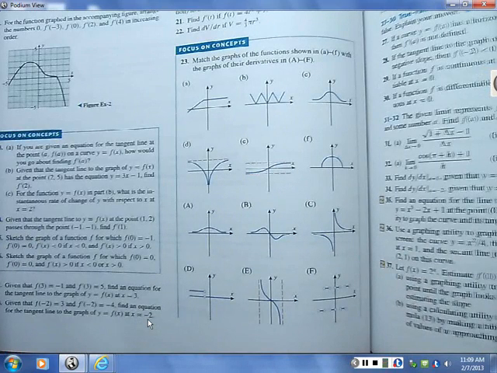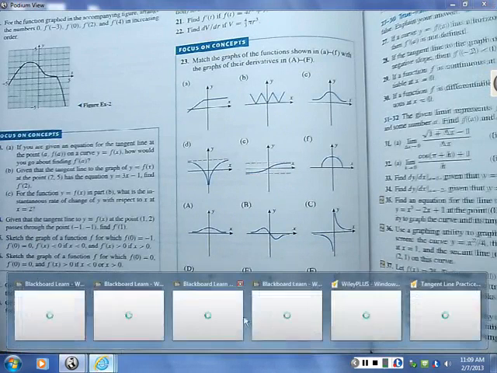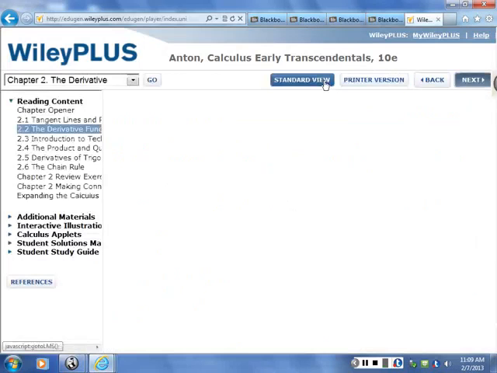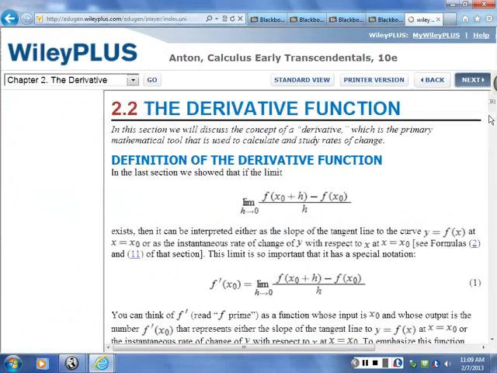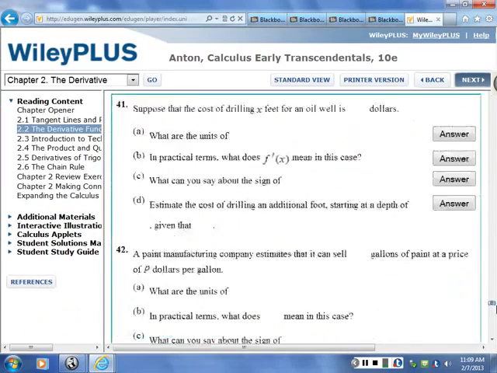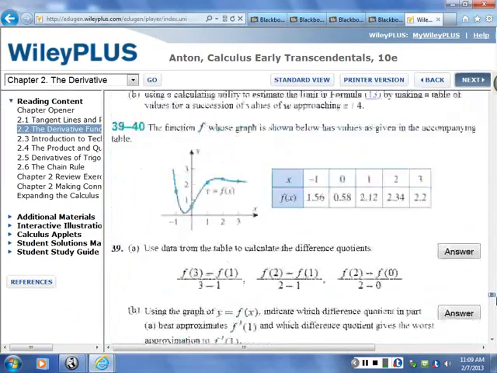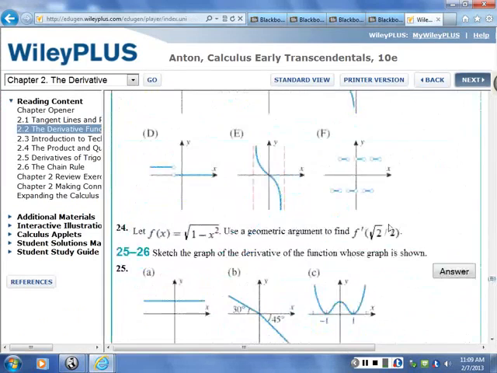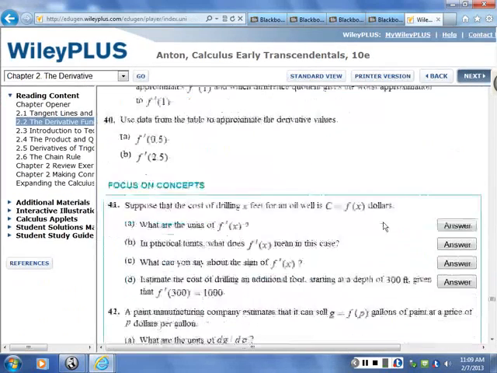Yeah, let me pull this up on Wiley. So this is 2.2. Standard view, full screen view. It's number 23. There we go.